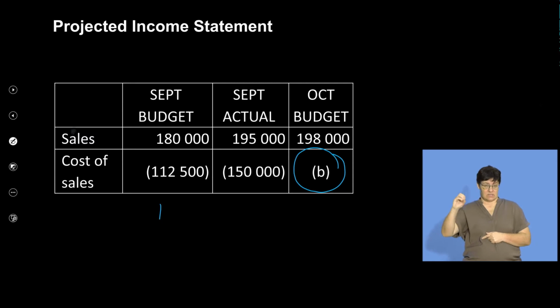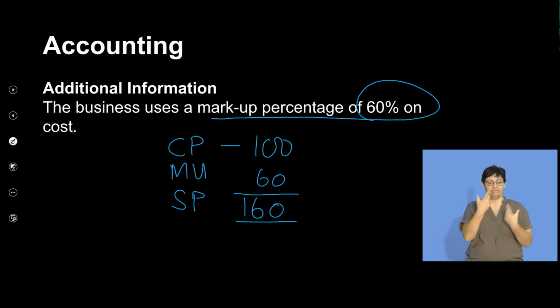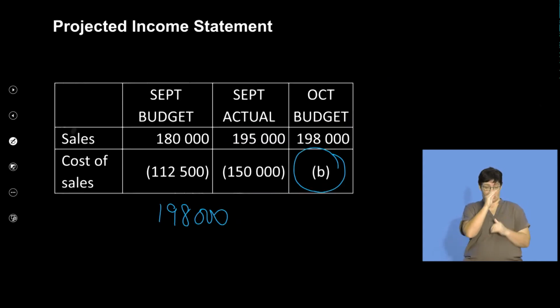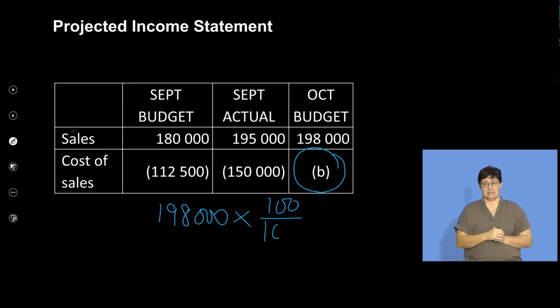Let's do that. So 198,000 is my sales figure, and you apply what I showed you here, saying you want to calculate the cost price. What you want to calculate, you put on top, therefore, times 100 on top over the selling price, in terms of my formula, was 160 over 160.